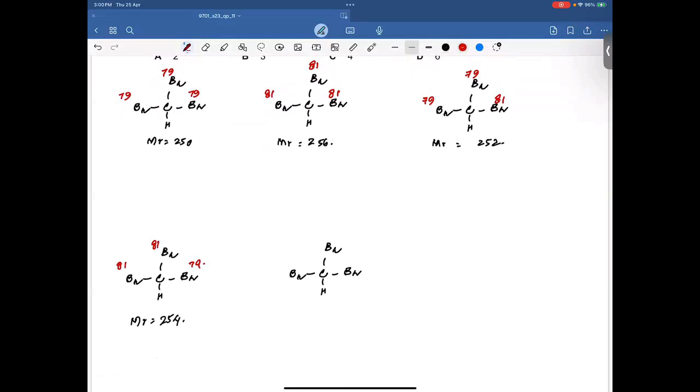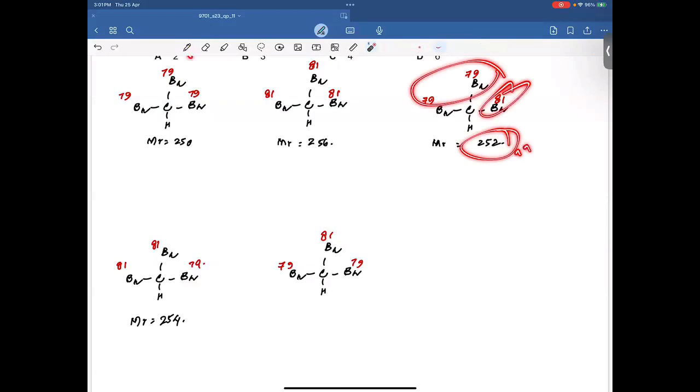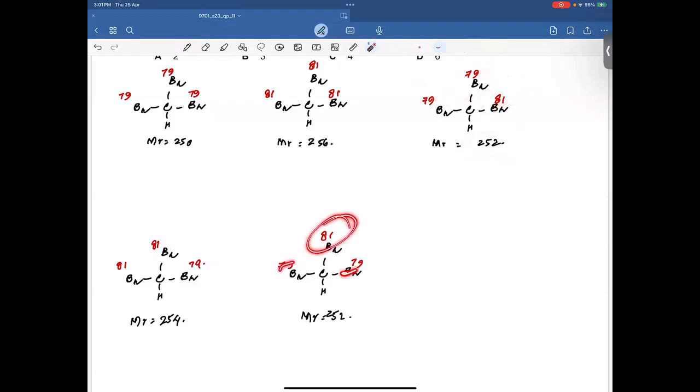Now the next possibility is both these bromines are 79 and this one is 81. So we have the same situation, 79 and 81. So its MR will remain the same, which is 252 in fact. Same here, 2 of 79 and 1 bromine 81. So MR is going to be 252, same.